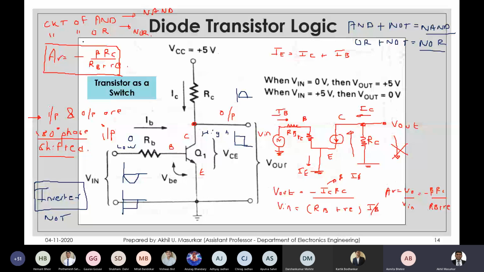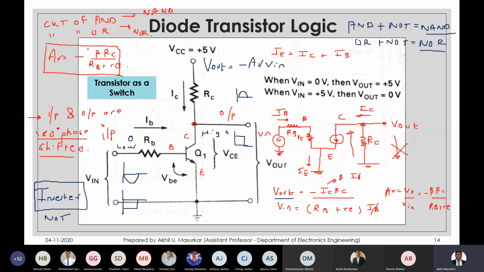Inverter part again, you can see that the gain equation AV has got a minus sign, right? Minus sign means what? V out and V in are 180 degrees out of phase. That means V out is minus AV into V in. So if it is just AV into V in, we say that input and output are in phase.